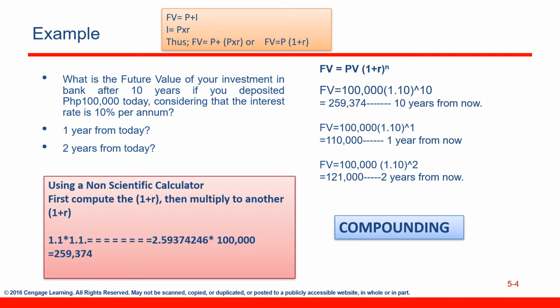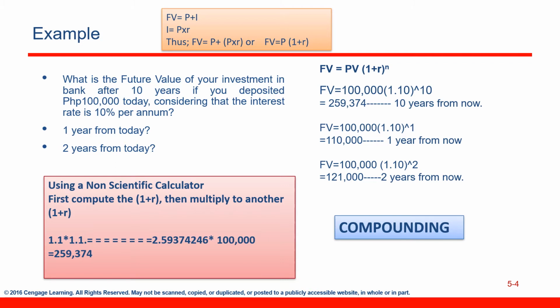So 10%, meaning to say you need to move it backwards, to make it decimal point, 0.10, raised to the 10th year, 10 years. So I hope you have your calculator. If you have your scientific calculator, first you compute the 1 plus R raised to the n power.